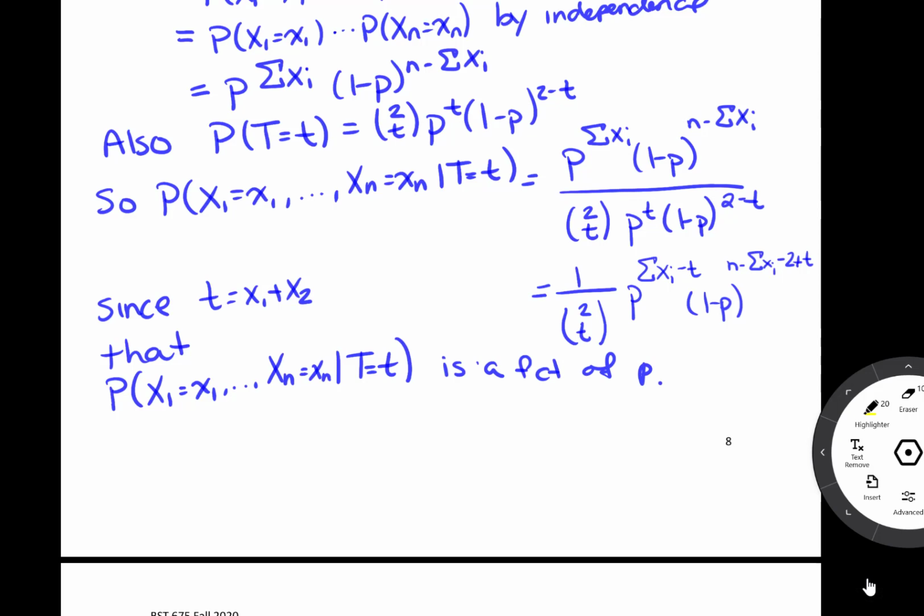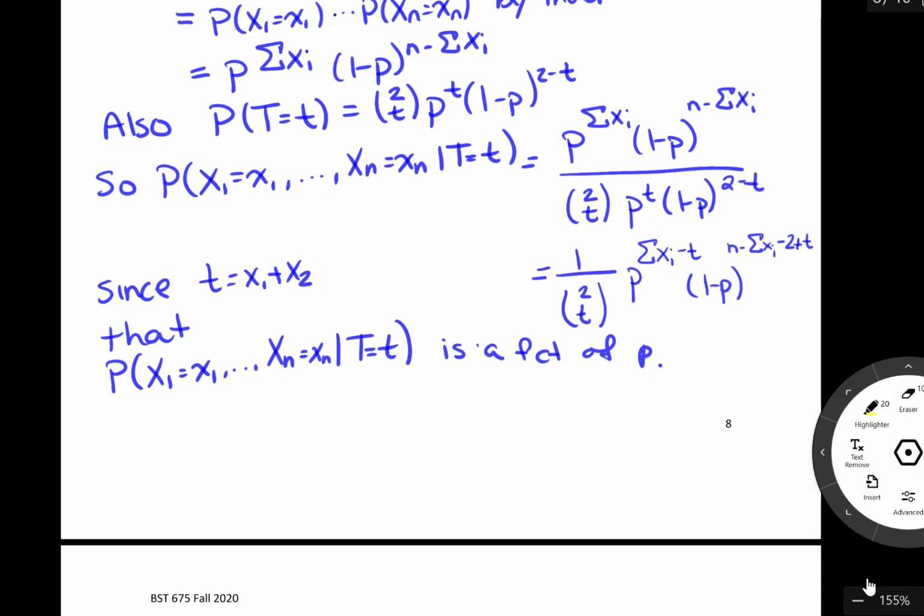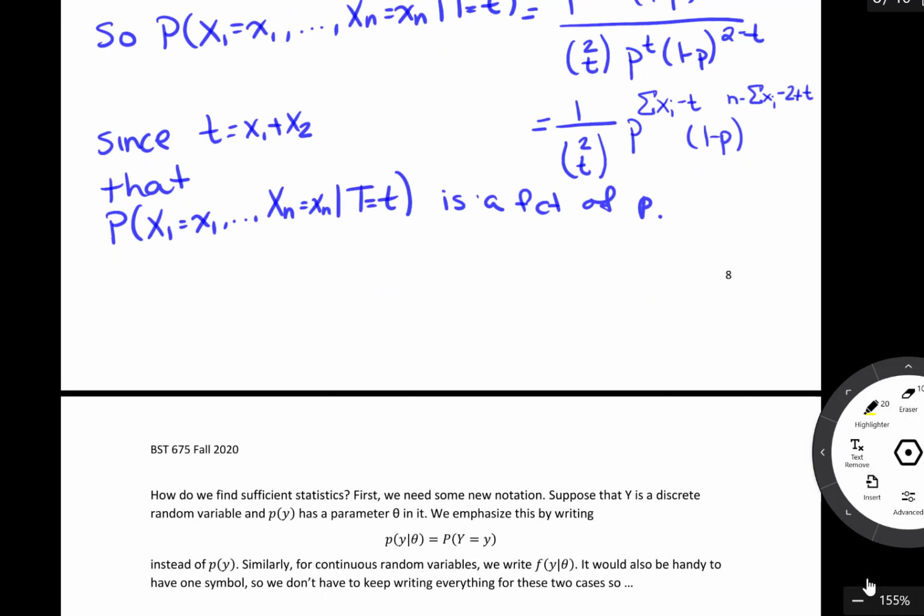And so since that probability does contain the values of p, we see that T, which is equal to X1 plus X2, is not sufficient for p. And again, that makes intuitive sense that if we just use the first two elements of the sample, we're not going to have a sufficient statistic.